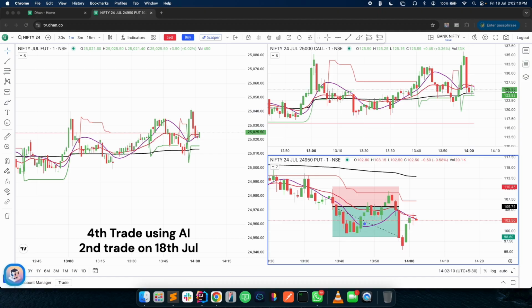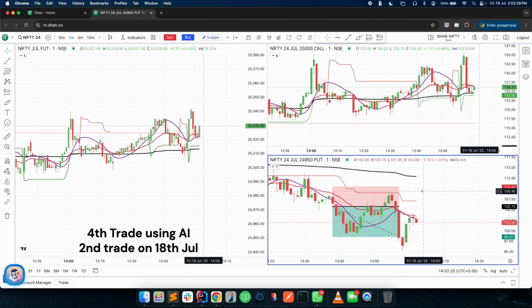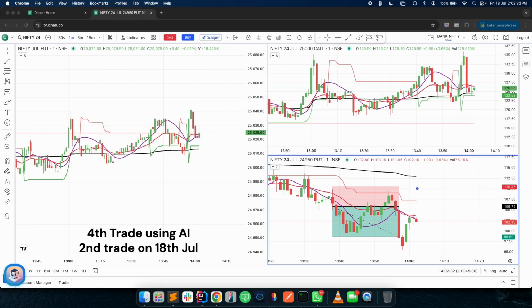After the previous update, price went all the way to the super trend, as you see here. Our stop loss is somewhere around 110.45, so it went all the way to around 109.5, which is just 1 rupee away. But it didn't trigger the stop loss, and then it started reversing back.